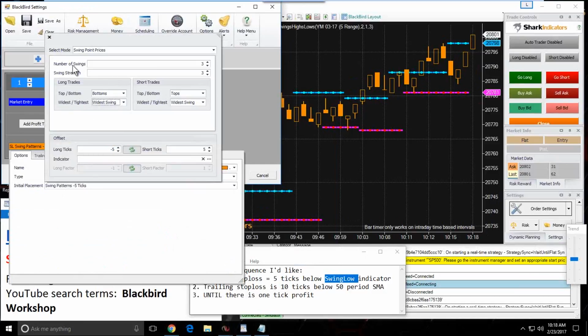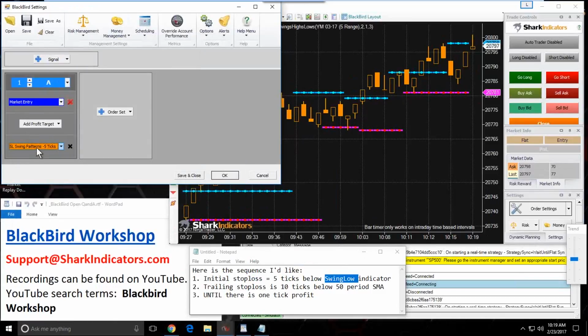After making this adjustment with the number of swings, setting that to 2, not 4, 2, it doesn't matter if I use the widest or tightest plots now. So I'll just leave it all alone. We got our 5 tick offset, so we're good to go. That is number 1 done.